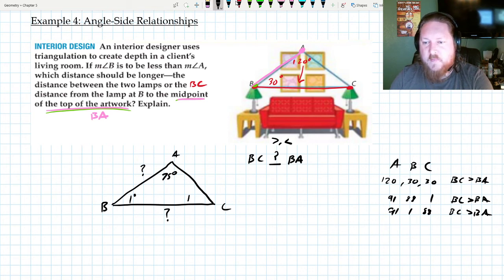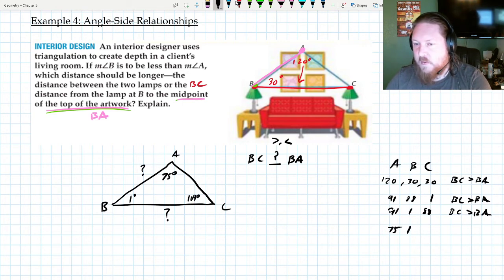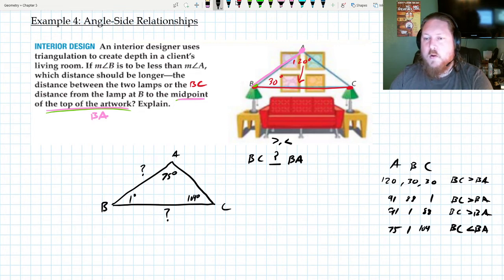That means I need to have 104 over here. If that's the case, 75, 1, and 104, then BC is actually smaller than BA. So if I make that angle A acute, I'm able to get angle B super small. I'm able to get the opposite of all the other scenarios.